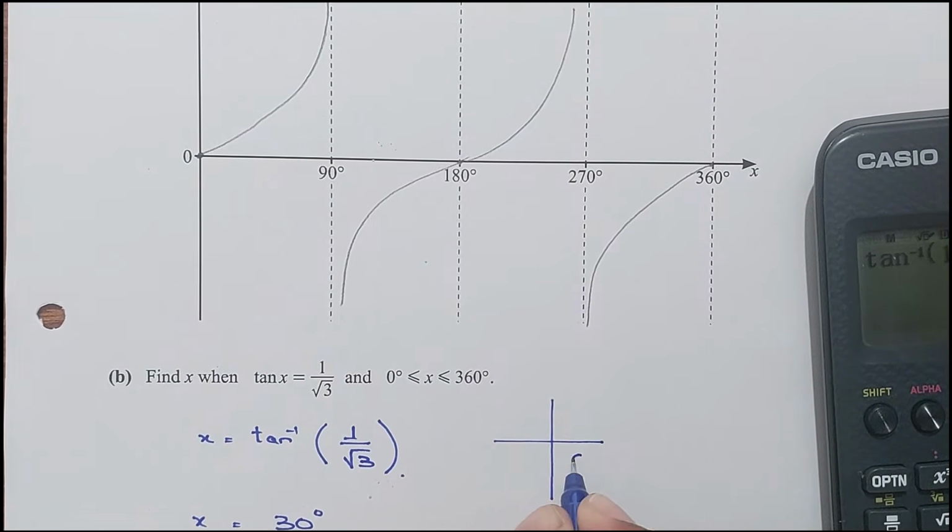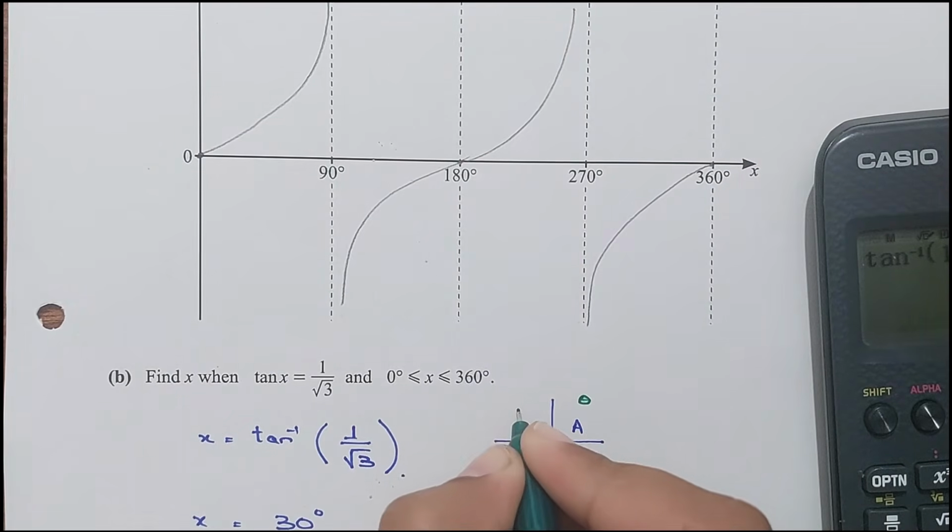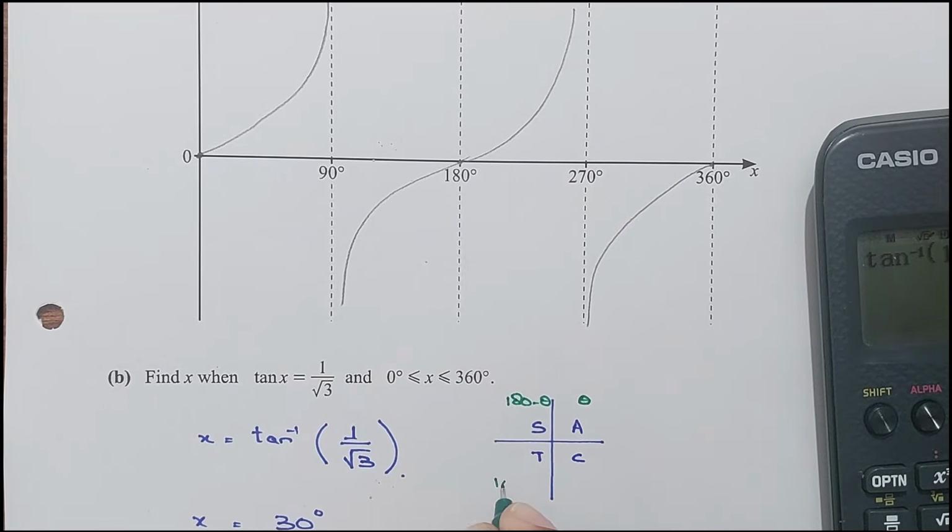By using the CAST rule, tangent is positive in the first quadrant, which is 30, and in the third quadrant. Here we use theta, 180 minus theta, 180 plus theta, and 360 minus theta.